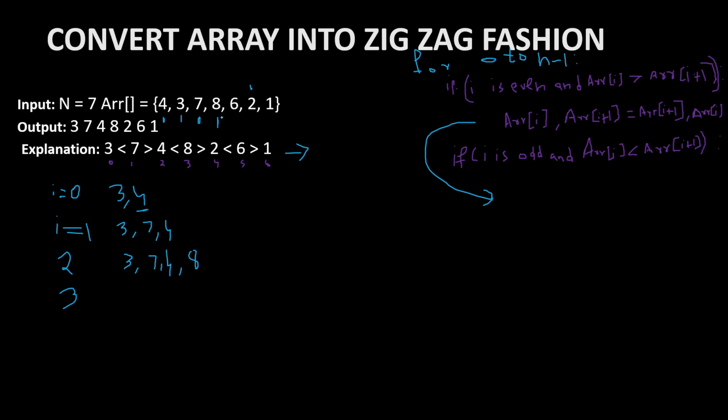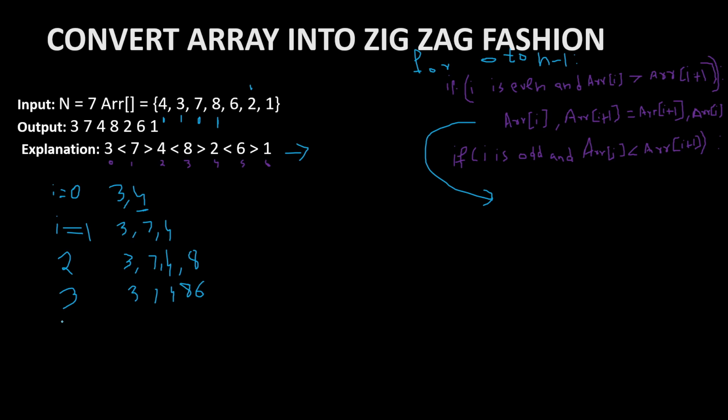We have to see if it is smaller or not. It is not smaller, so we don't swap. So 3 will be here, 7 here, 4 here, and 8 here. Now 6 will be here.